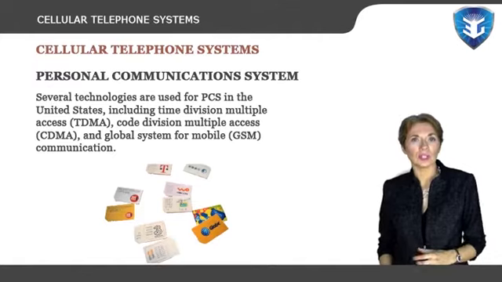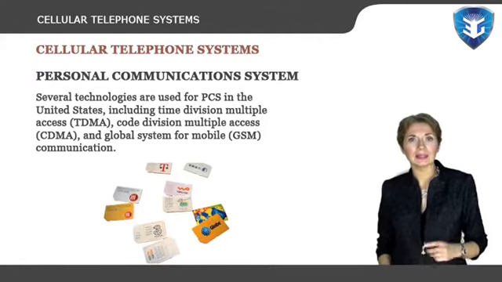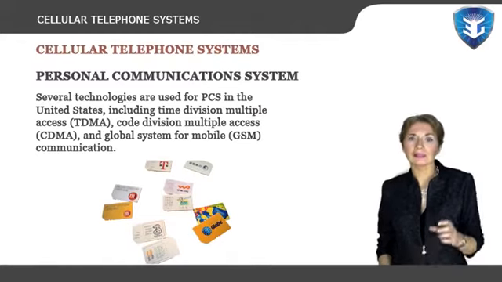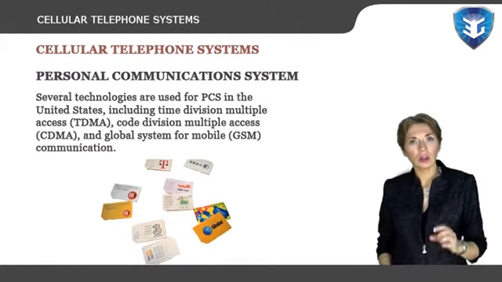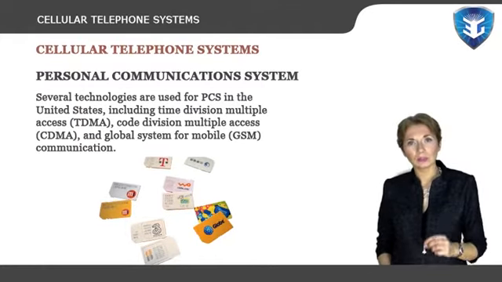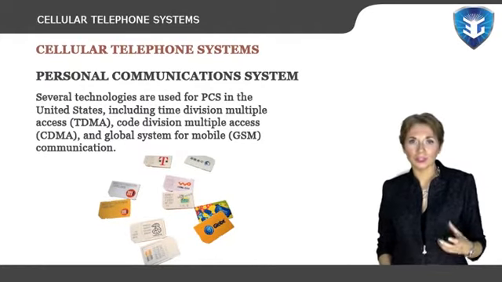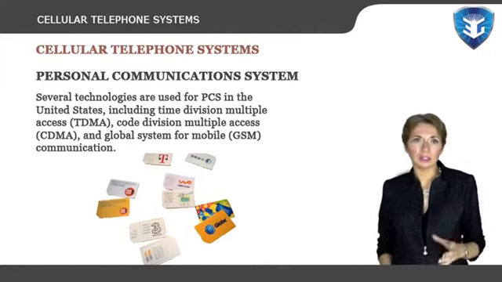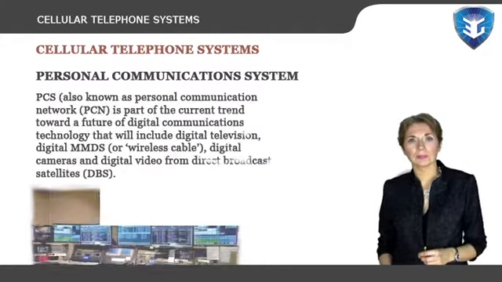Several technologies are used for PCS in the United States, including Time Division Multiple Access, TDMA, Code Division Multiple Access, CDMA, and Global System for Mobile or GSM communication. GSM is more commonly used in Europe and elsewhere.